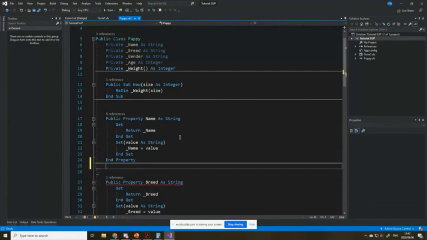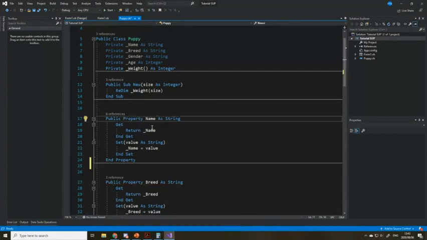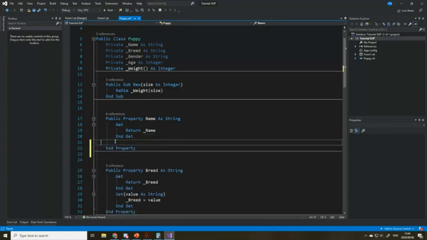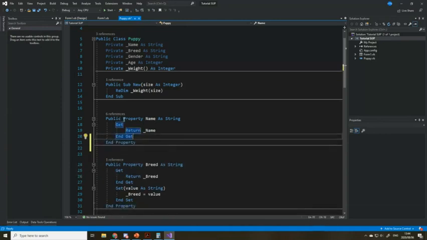So instead of having public property name, I would just have public function return name or get name that would simply just return underscore name. Exactly what's done there. Okay, but all you need to do then is just, instead of having a set, you just remove the set and have a read-only property.